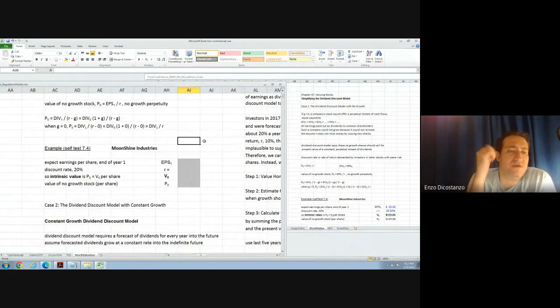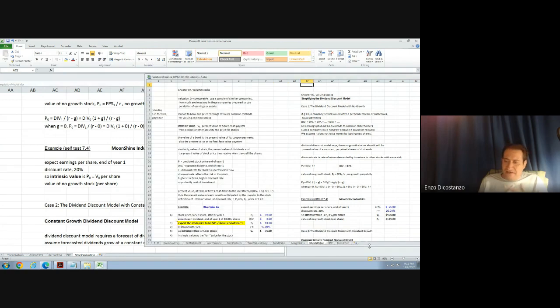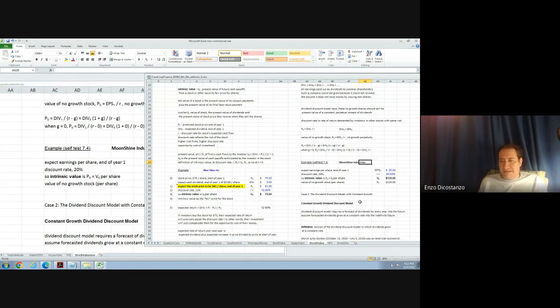Okay, so we're looking here at Moonshine Industries. Funny enough, you guys know what moonshine is. Moonshine is sort of how the Southern stock car racing began. There was a time in this country where alcohol was against the law. It was called prohibition. It was a long time ago, and it spawned all sorts of organized crime. And in the Northeast, the Italians, certainly down south.